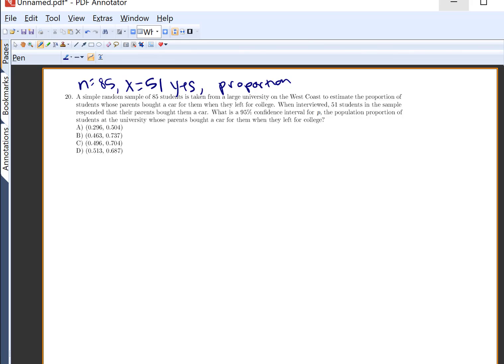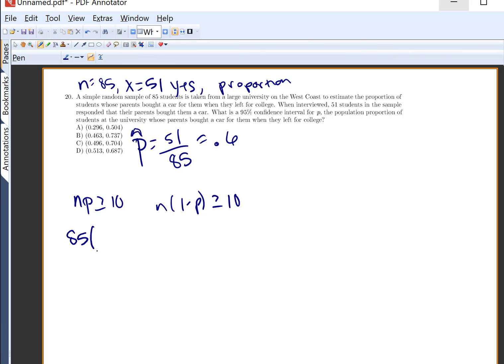Now, if you wanted to do it by hand, the first step is to find p hat. It's the number of people who said yes out of the total. So 51 out of 85 gives me 0.6. First we have to check: is n times p hat at least 10, and n times 1 minus p hat at least 10? N is 85.